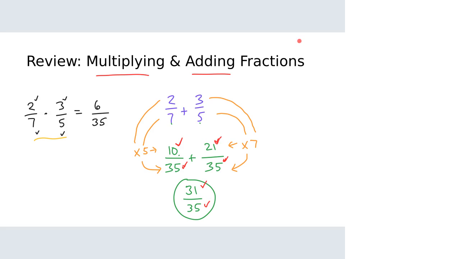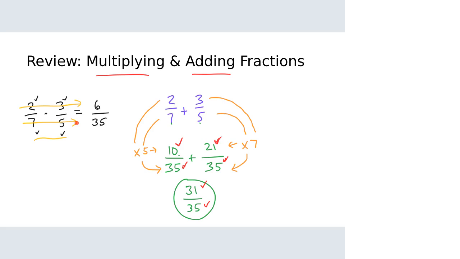Multiplying fractions, our process is multiply numerators, multiply denominators. Very simple, very straightforward. Adding fractions, which will be more important for us on Thursday when we do expected value. But it's a nice place to do the review because we can contrast those two operations.